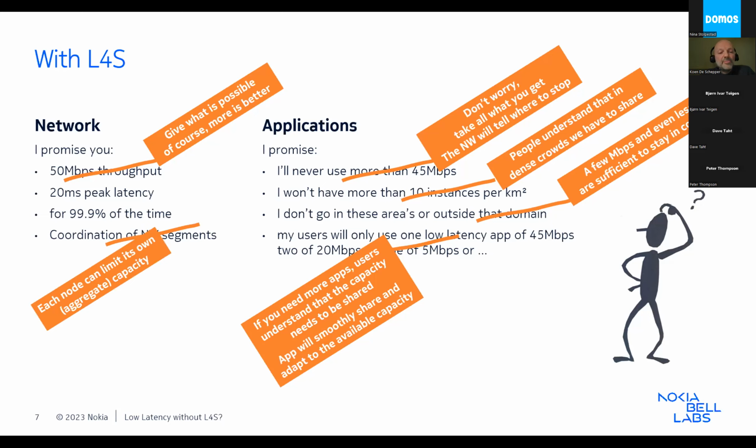Also forget coordination between network segments. Every segment or even network node can independently reduce the capacity of flows to local limits. Just make sure that under normal conditions, you have enough throughput capacity to make your users happy and that you can avoid queue buildup in the LFRS way.